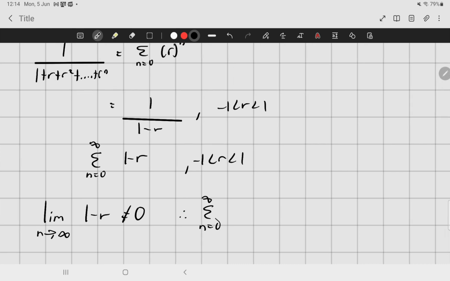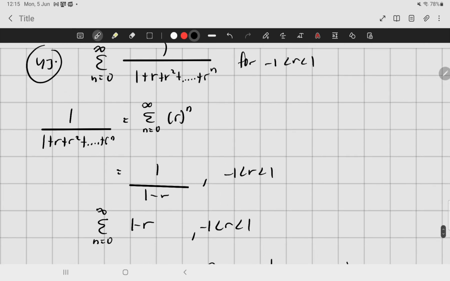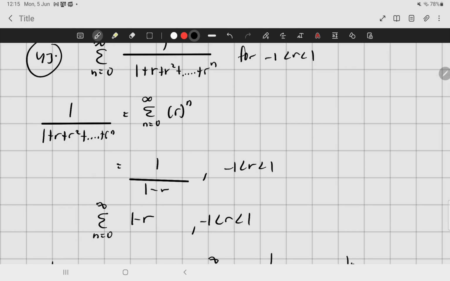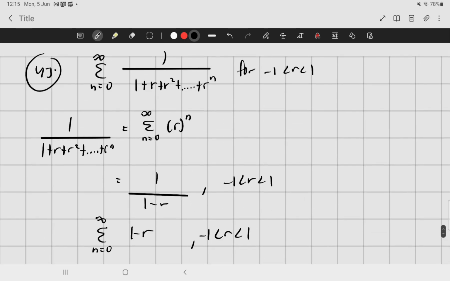This series diverges. As long as it satisfies the inequality, then it diverges. So yeah, n-th term test. By the way, the limit is the n-th term test.